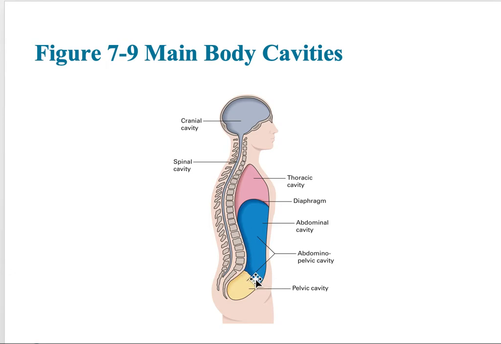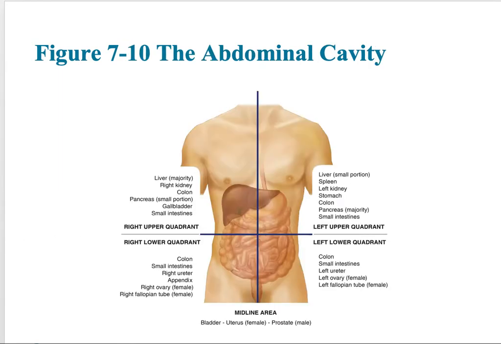The pelvic girdle delineates the lower area of the abdominal cavity and then transitions to the pelvic cavity, where we may house the bladder and organs of reproduction. Here again is an overlay of the abdominal organs within the abdominal cavity.